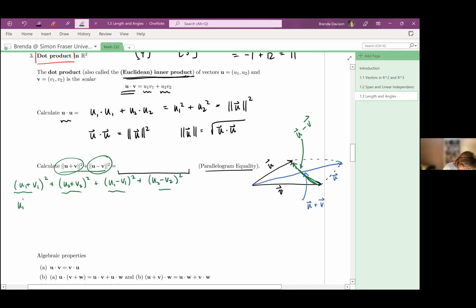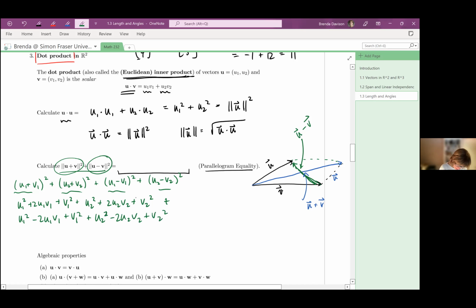And so that here is u1 squared plus 2u1 v1 plus v1 squared plus u2 squared plus 2u2 v2 plus v2 squared, plus, I'm going to maybe even go down below, u1 squared minus 2u1 v1 plus v1 squared plus u2 squared minus 2u2 v2 plus v2 squared.